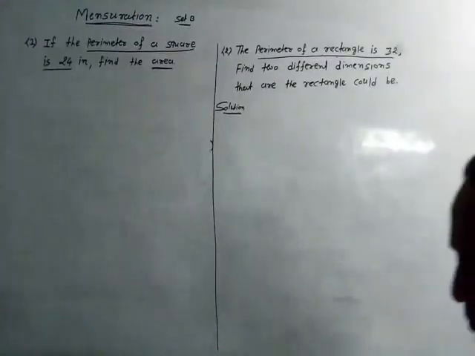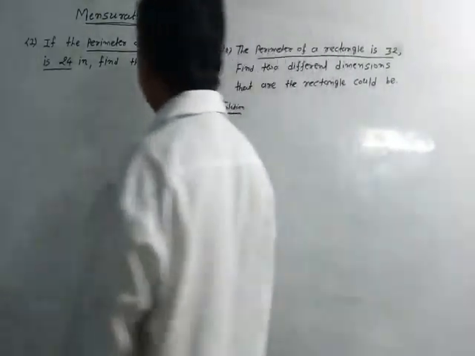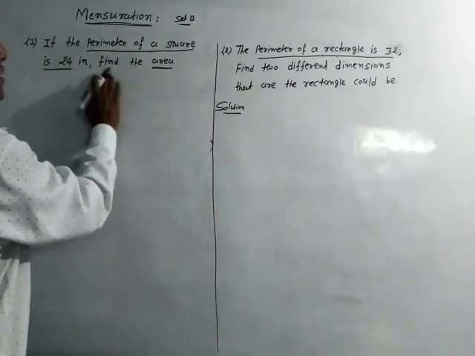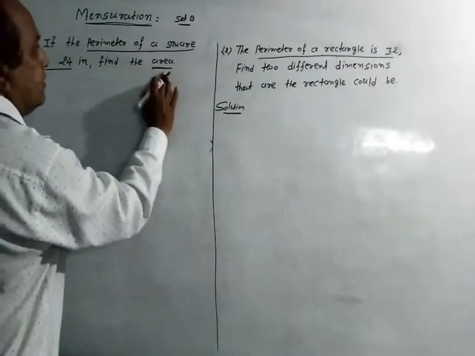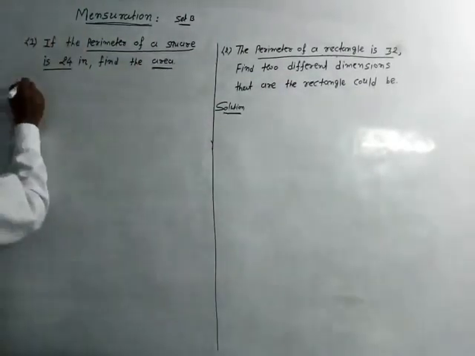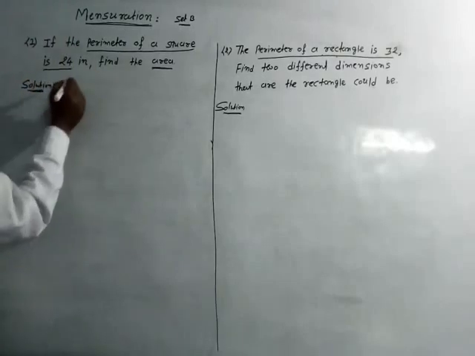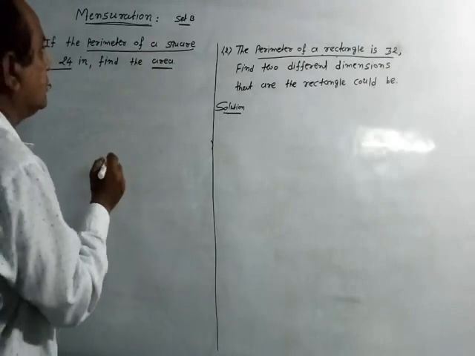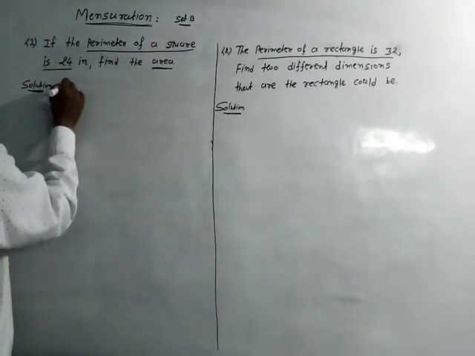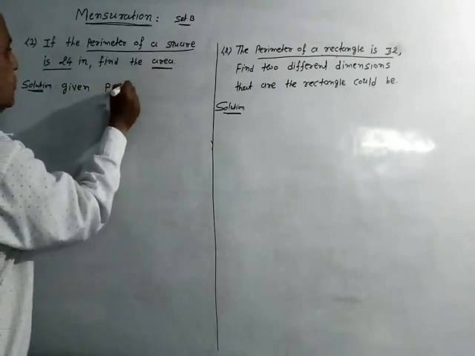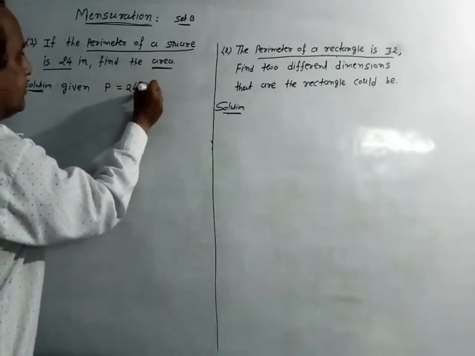Now set number B, example number 1. If the perimeter of a square is 24 inch, find the area. Now here is the solution. Given perimeter of a square is equal to 24 inch.